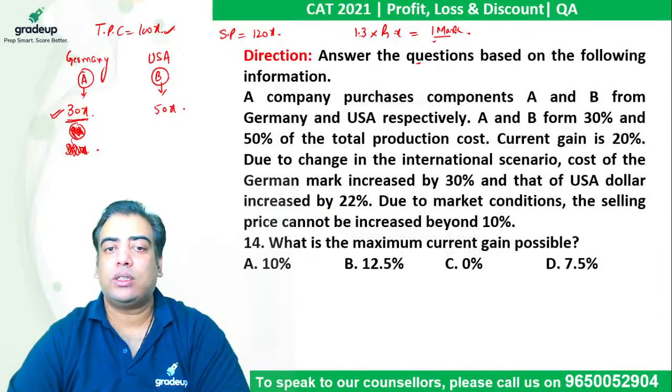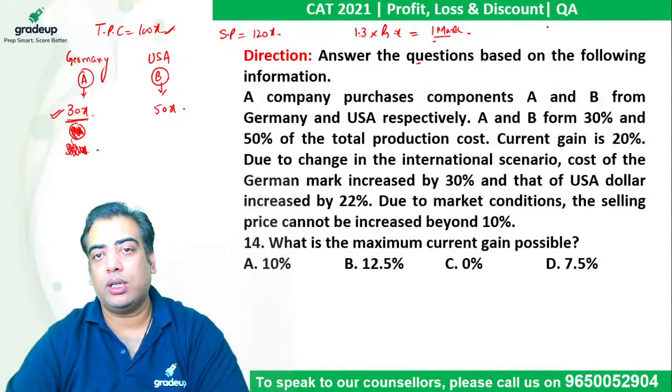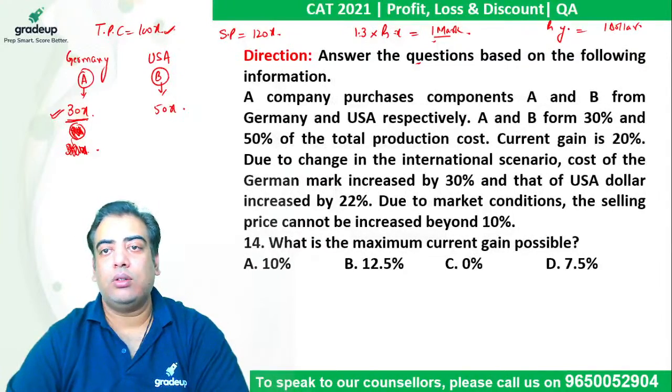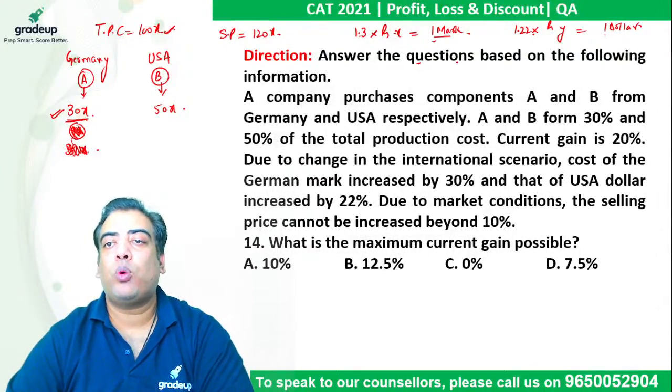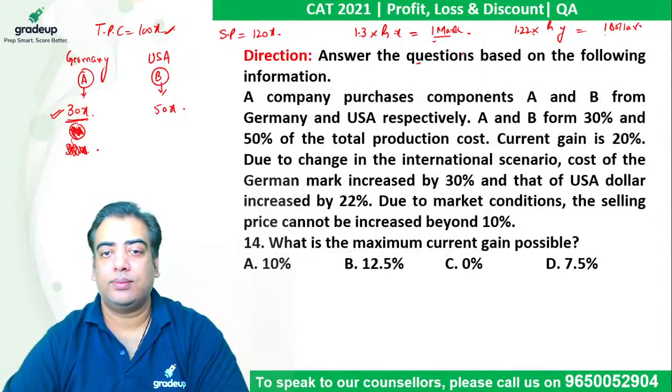And that of US dollar increased by 22%. If we were paying rupee y for each dollar, now the value of dollar increased by 22%, so we have to pay rupee 1.22y for each dollar.